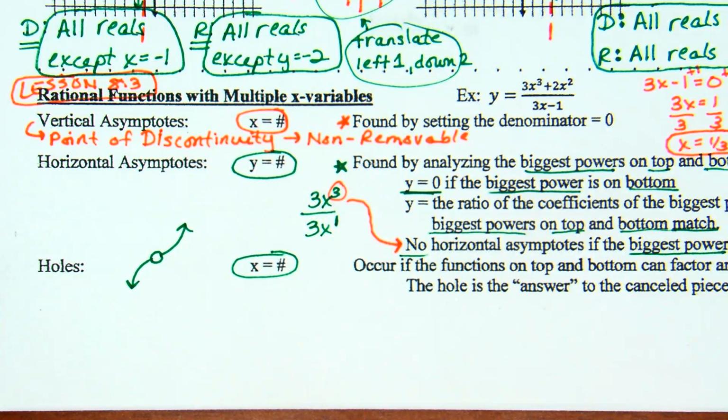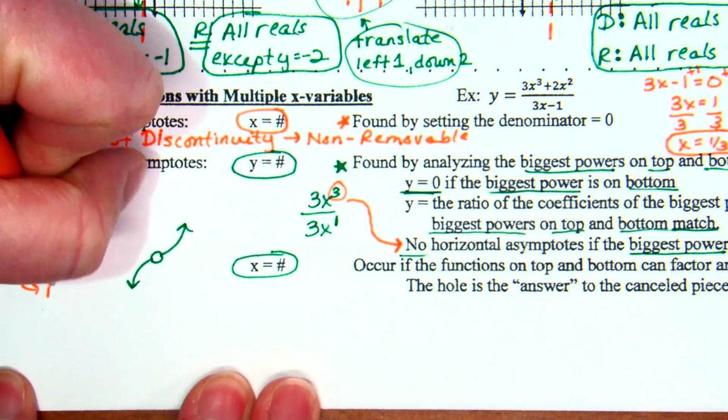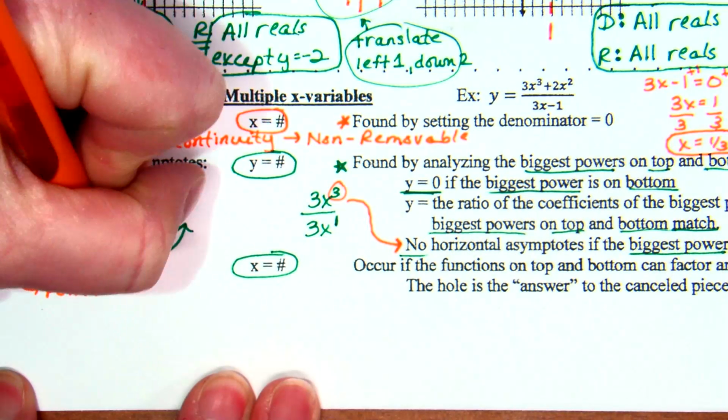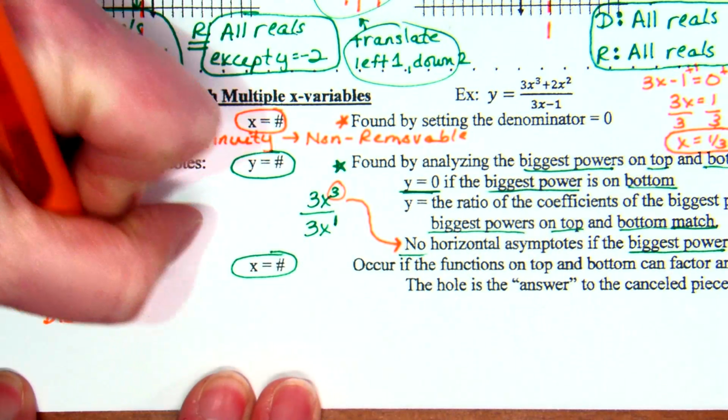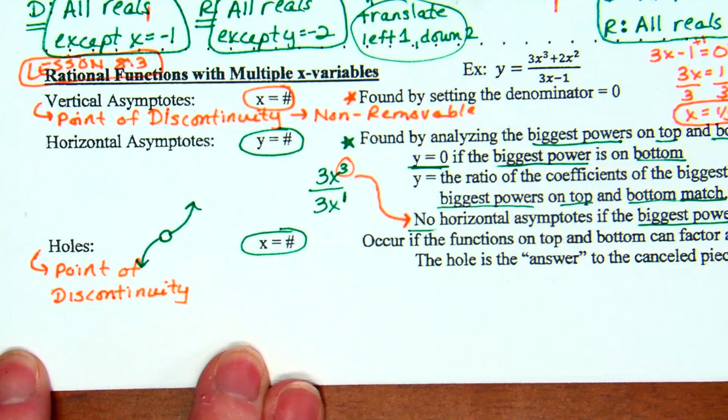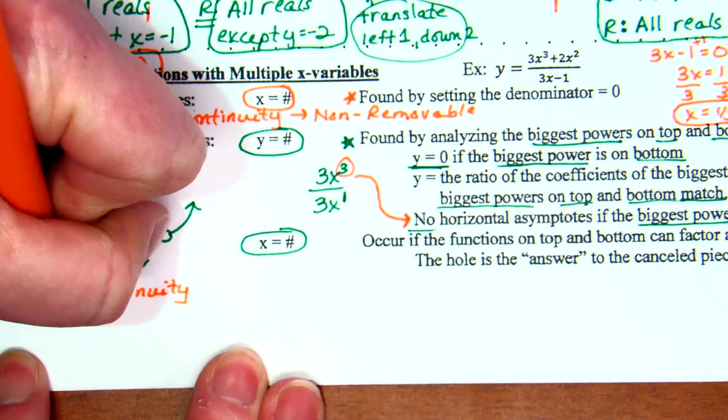I'll save you from my spreading it out as I'm trying to spell it. And this one is removable. I think about a hole. You could like remove the plug, put the plug back in. I don't know. You have to come up with your own way to remember them.